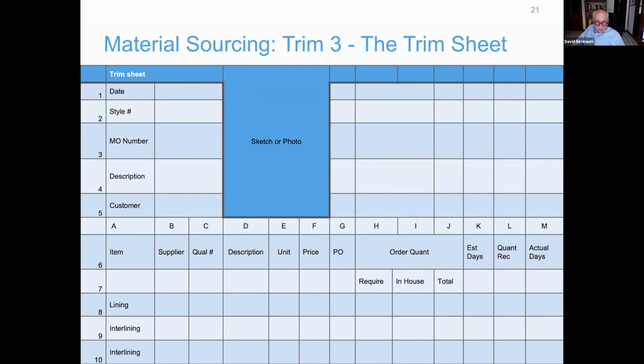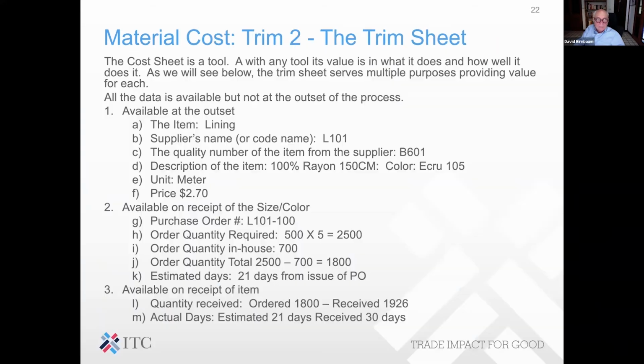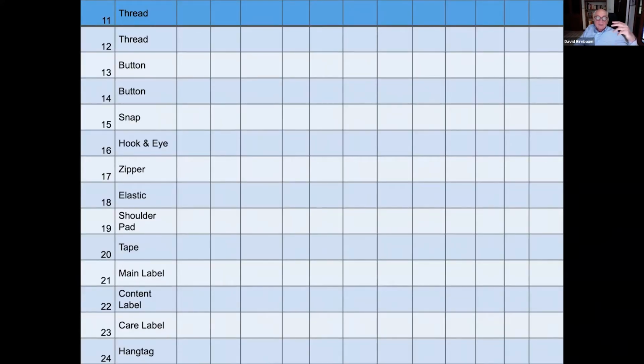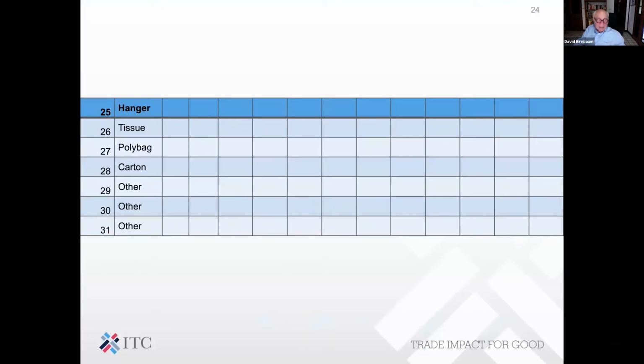The actual items, and this is just a limited list. Different types of thread, different types of buttons, the snaps, the hooks and eyes, the zippers, the elastic, the shoulder pads, the tapes that are used in, say, polo shirts under the arms, the main label, content label, care label, hang tag.